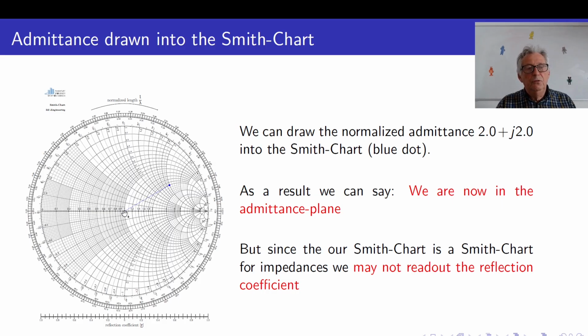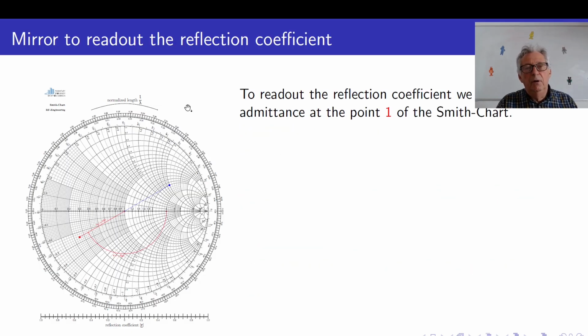But since our Smith chart is a Smith chart for impedances, we may not read out the reflection coefficient. Normally the reflection coefficient would be given as an arrow from the center of the Smith chart to this point. But since we draw in an admittance, we are now in the admittance plane, and we may not read out the reflection coefficient there because of the minus 1 I sketched before. So what do we have to do?